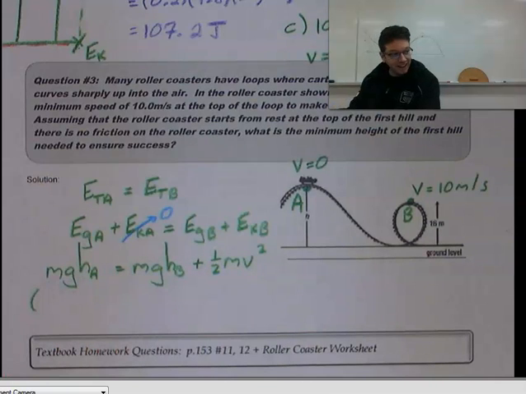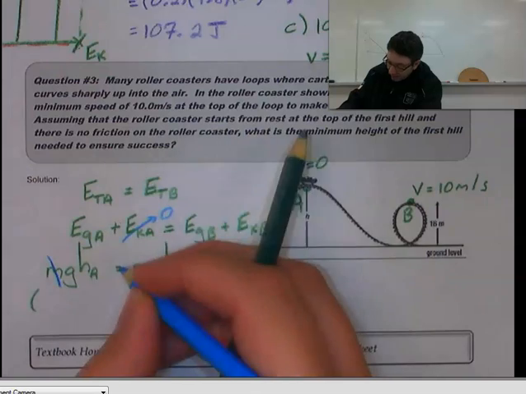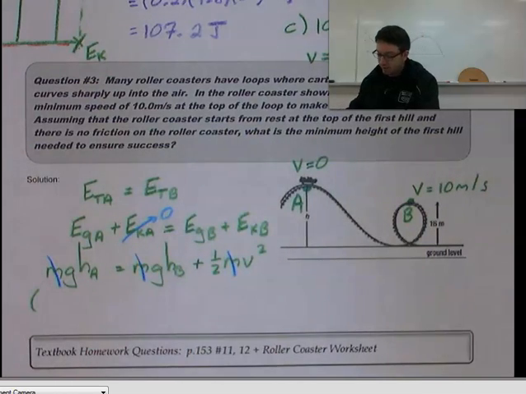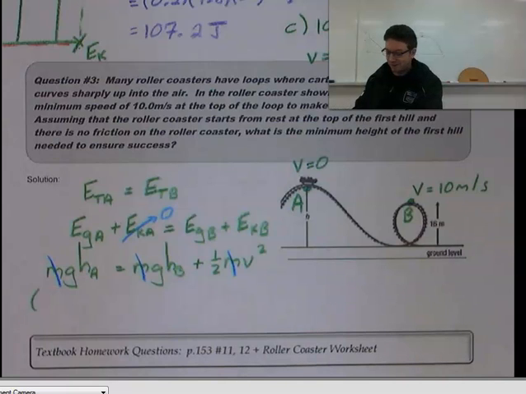So if I divide every single term by m, it is going to just cancel, which is good. You don't want to be on a roller coaster where the mass is that important. Otherwise, the lineups can be extremely long trying to get the mass right every time they run the ride.